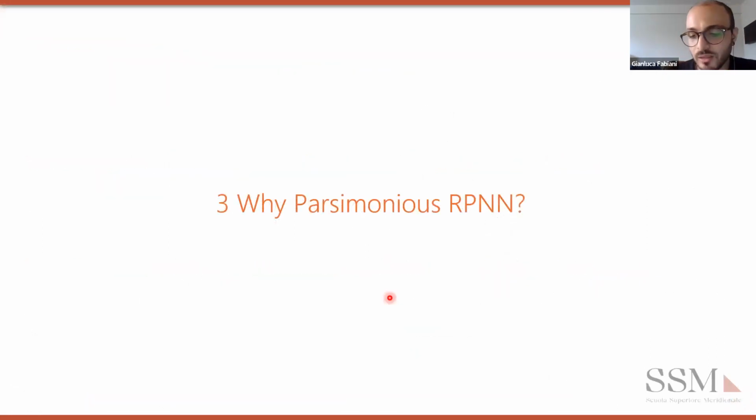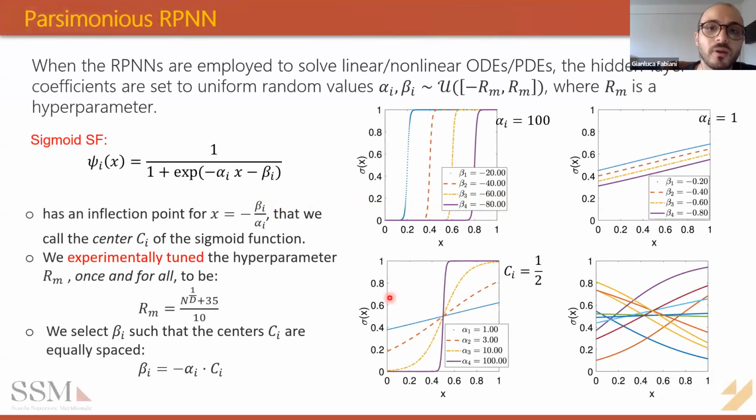So now I have to explain why we need parsimonious random projection. As I said, the matrix is usually ill-conditioned. We have these random variables to sample. Usually we sample them from a uniform distribution, and we have to set the bounds of this distribution.